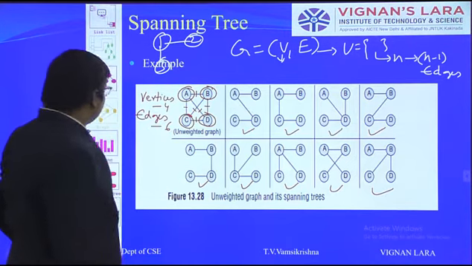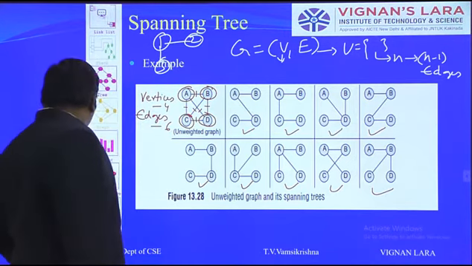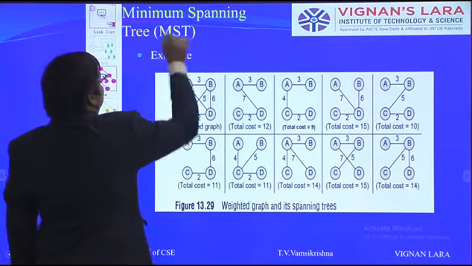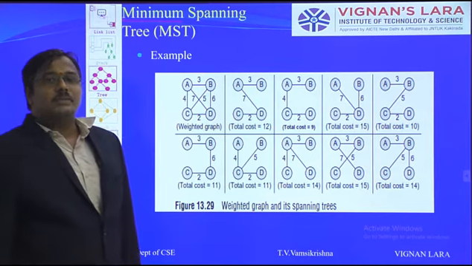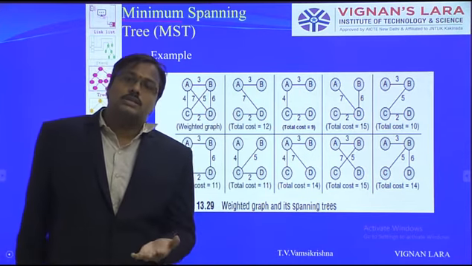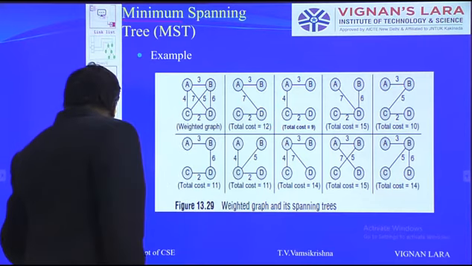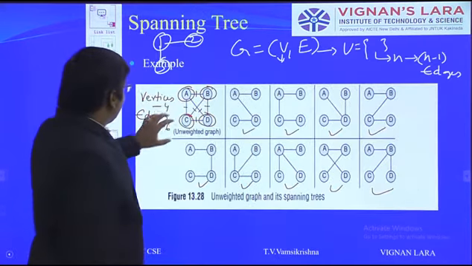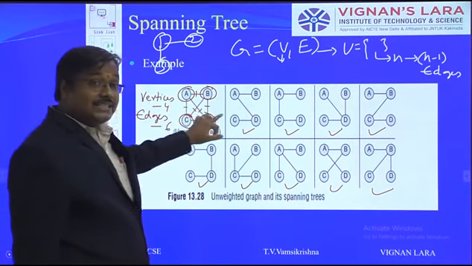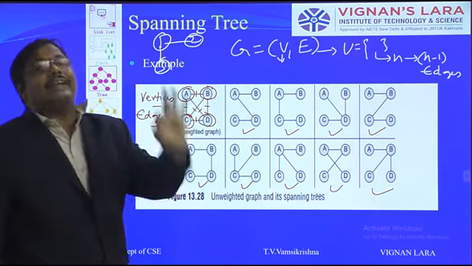So next, the minimal spanning tree. What is the difference? It is minimum. What is minimum? For a spanning tree you choose an unweighted graph, meaning each and every edge is not associated with any weight.